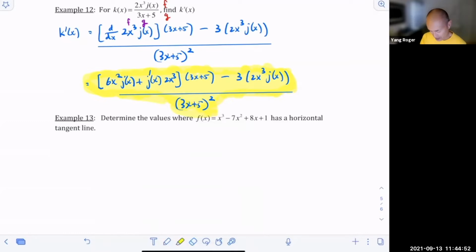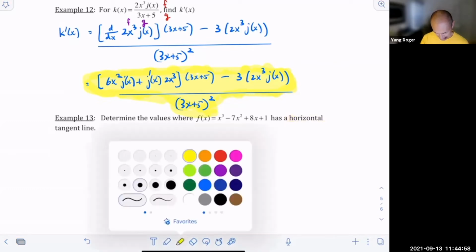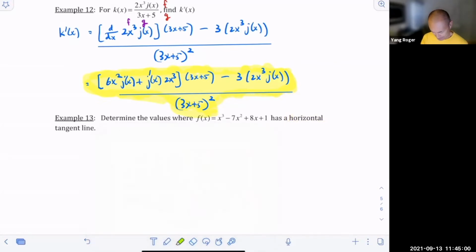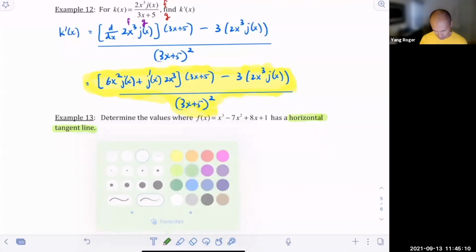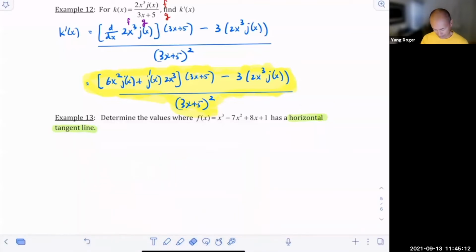When I see this phrase, horizontal tangent line, to me, that means the slope of the tangent line is 0.